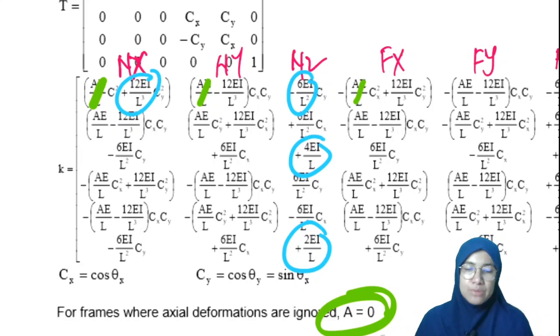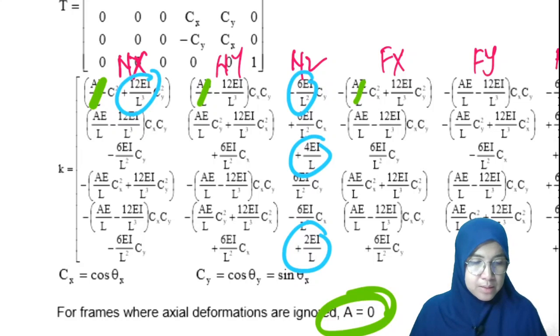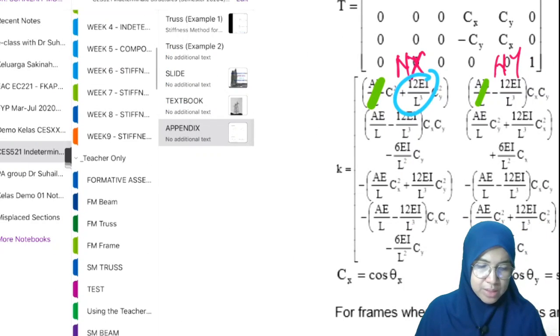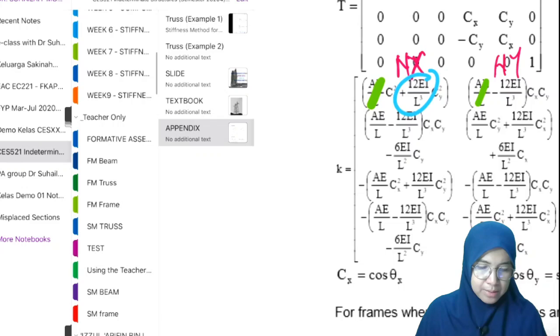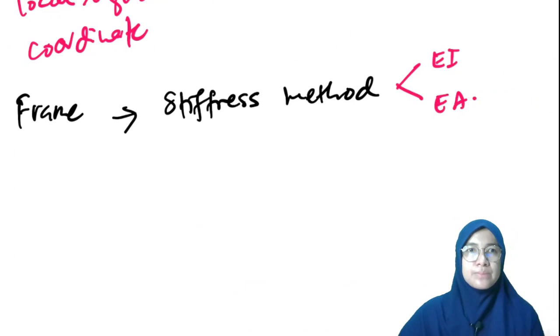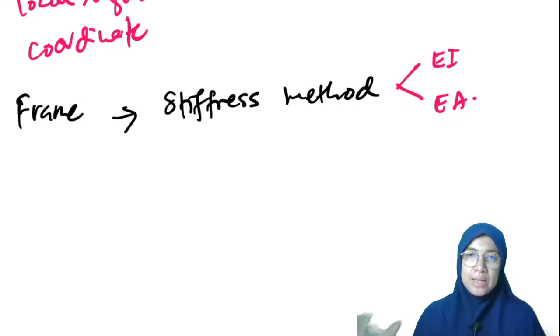Okay, so we go back to the example, the question that we are going to discuss today. This is the basic knowledge that you have to understand: EI and EA can influence the analysis, the displacement value, and the reaction value in a frame.